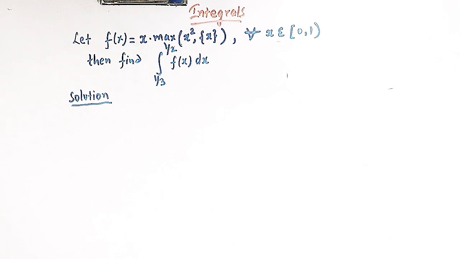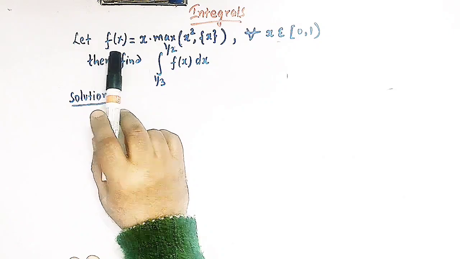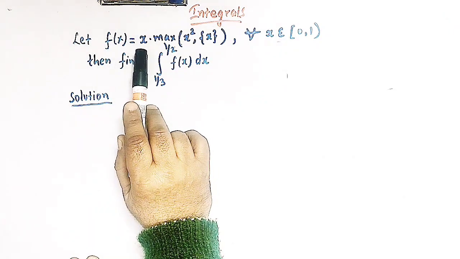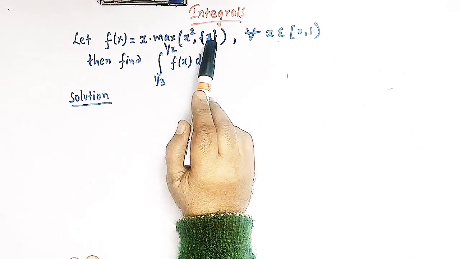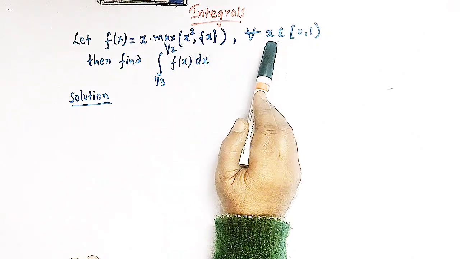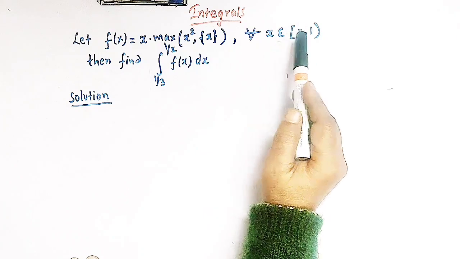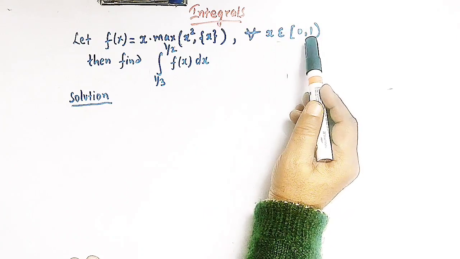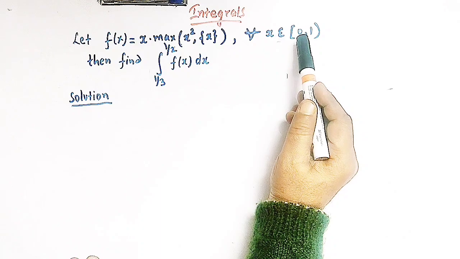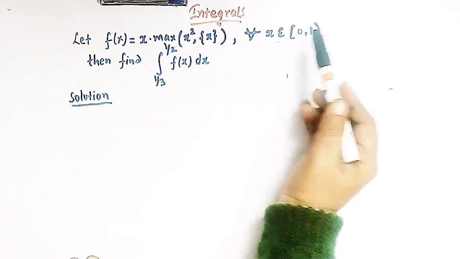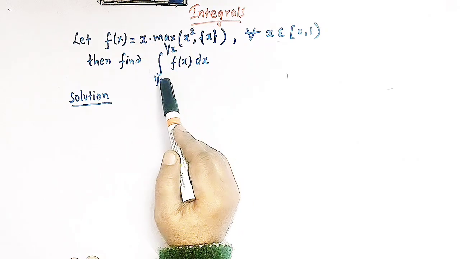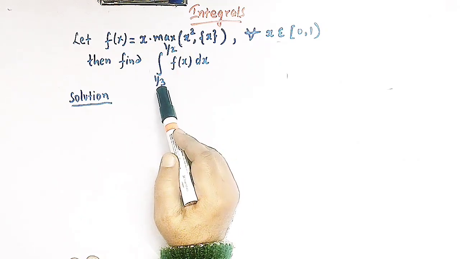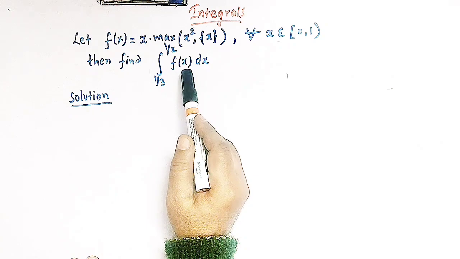We are given a function f(x) equal to x times the maximum of x squared and the fractional part of x, for all values of x belonging to the interval [0, 1), where 0 is included and 1 is excluded, and we have to find the value of the integral from 1/3 to 1/2 of f(x) dx.